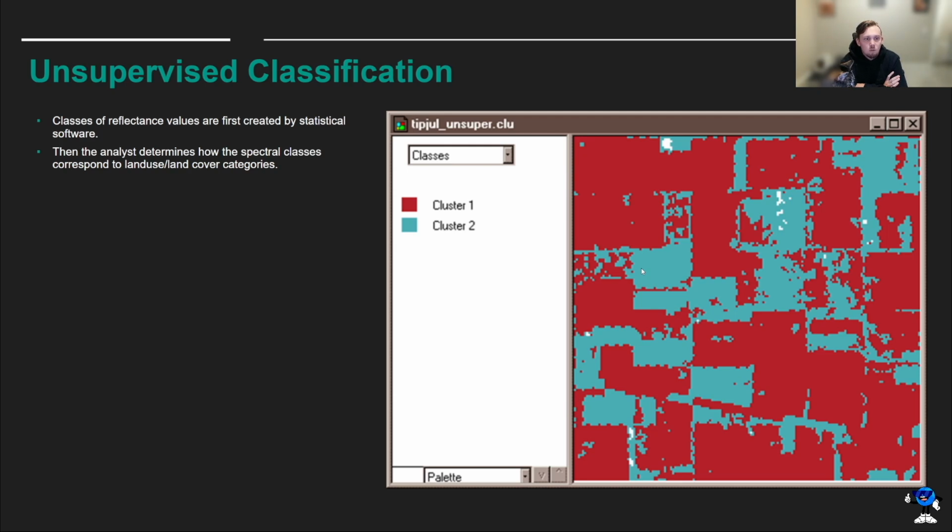Your responsibility would be to determine the correspondences between the spectral classes that the algorithm defines and the functional land use and land cover categories established by agencies like the U.S. Geological Survey. The example that follows outlines how unsupervised classification contributes to the creation of a high-resolution land cover dataset.